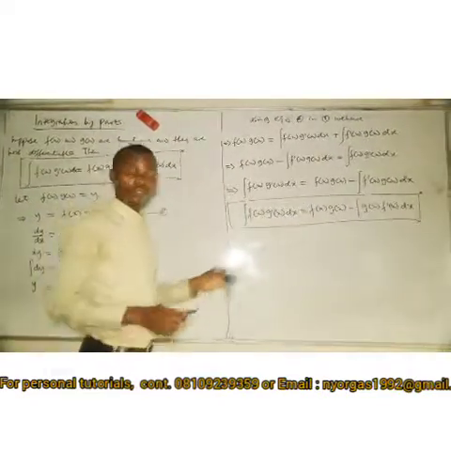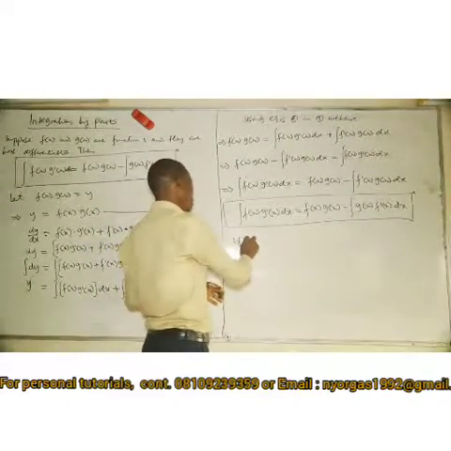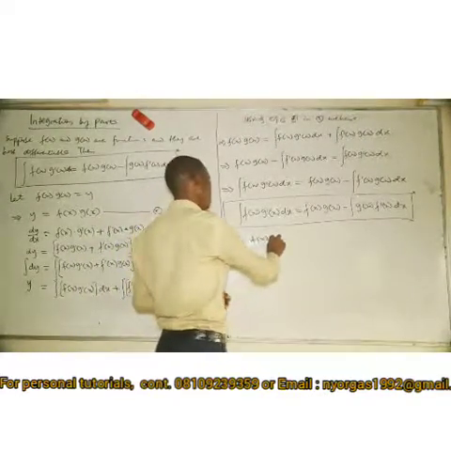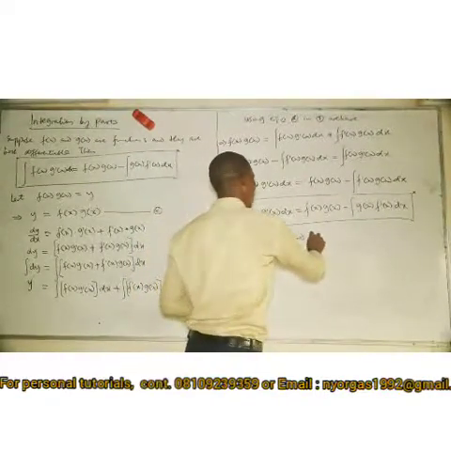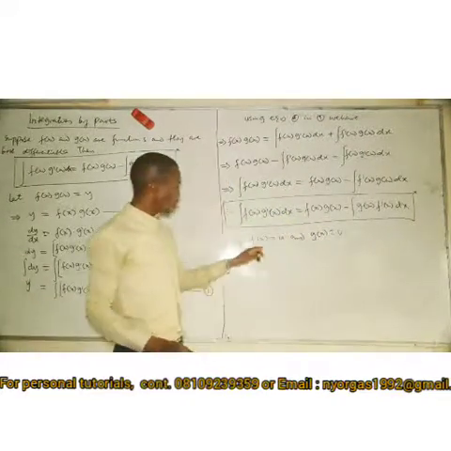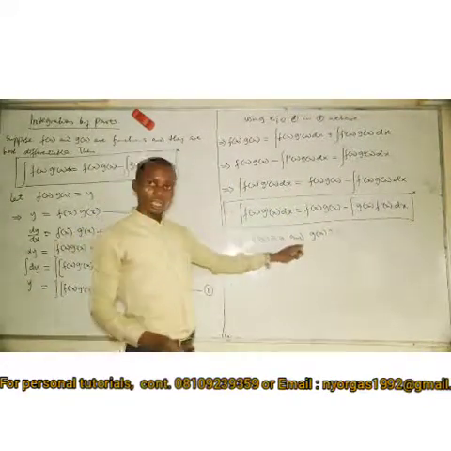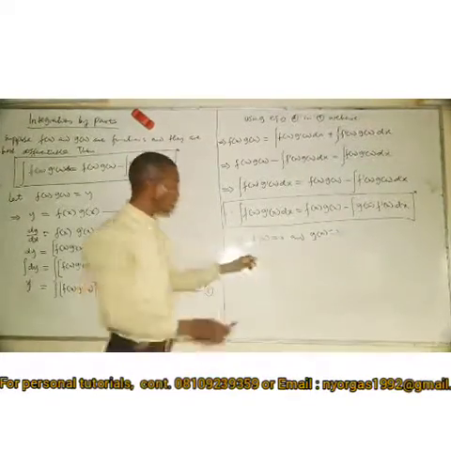Now if f of x is equal to u and g of x is equal to v, if you let f of x be u and g of x be v, can you see?